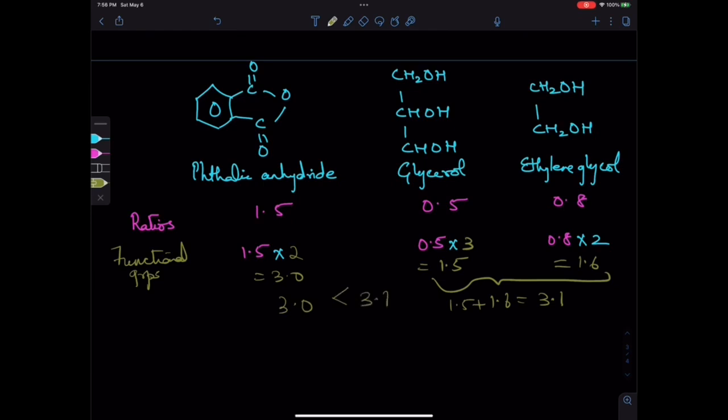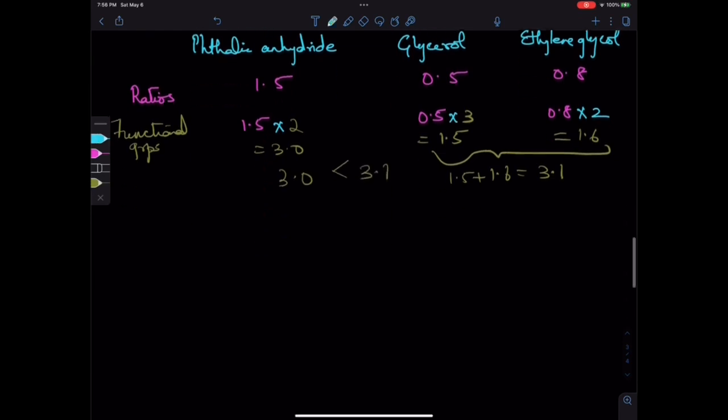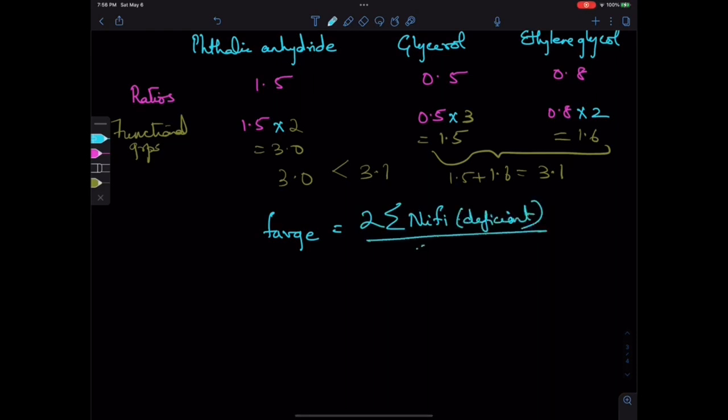So the functional group that is deficient in this case is the carboxylic acid group. So for finding the F average, we are going to use the carboxylic acid group concentration. So again, F average is twice of sigma Ni Fi over sigma Ni. So 2 times 3.0 divided by the total number of molecules, which is 1.5 plus 0.5 plus 0.8.